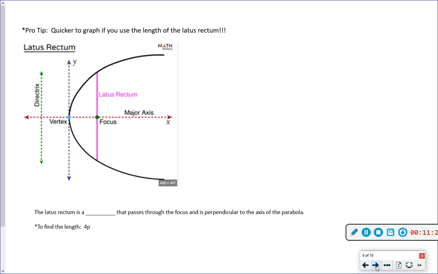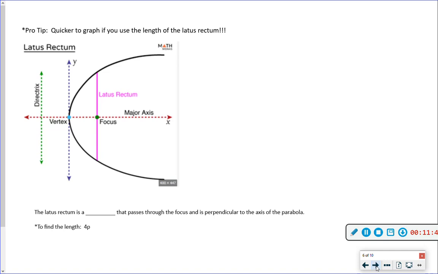So, one of the ways you can graph parabolas, which is how we're going to start doing it, this will eliminate the T-chart, is you can figure out the length of the latus rectum. Now, our parabolas today, of course, are vertical. I just drew a horizontal one on here to show you.